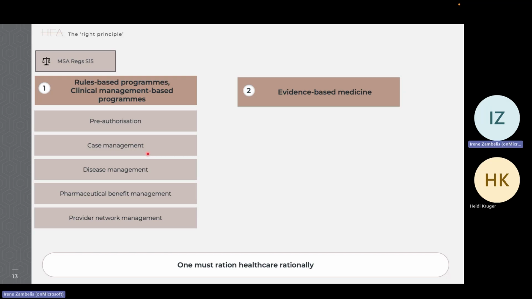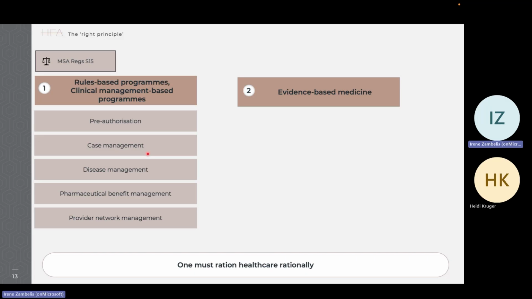The scheme doesn't get involved in that. The scheme gets involved in what they will fund of those services the patient received. And the scheme must, for each condition, and this is a big task, make a basket of services that they will fund, if it's something they've included in their scheme rules, by liaising with the medical fraternity.